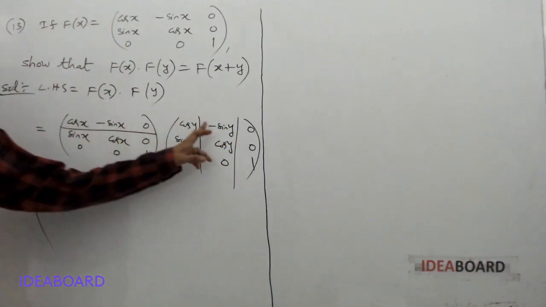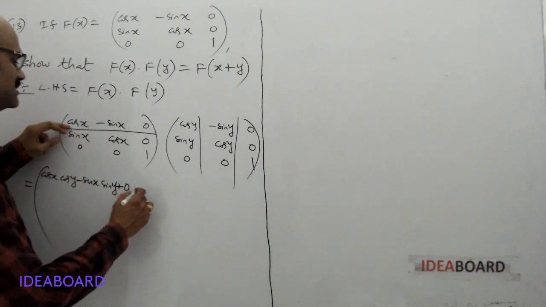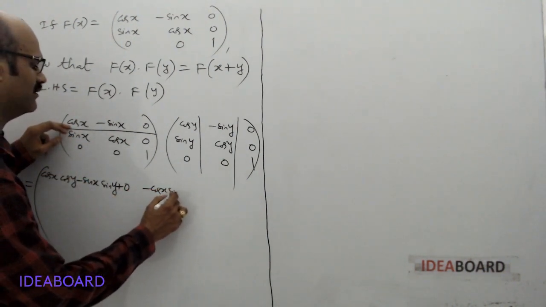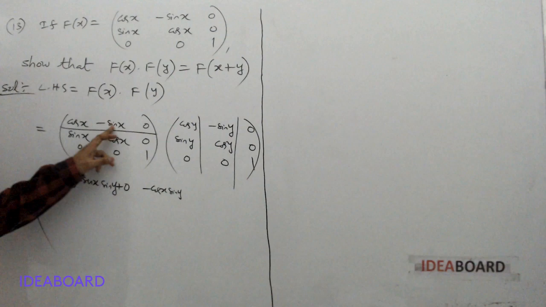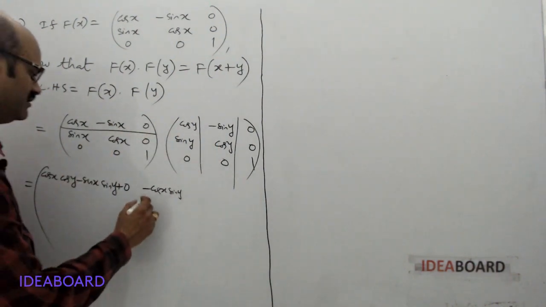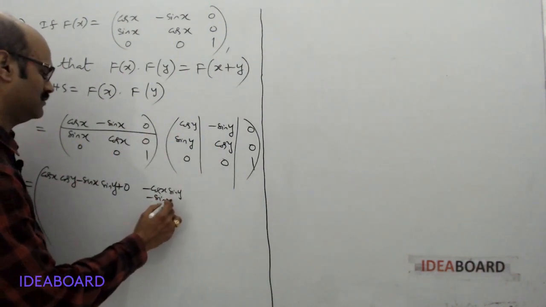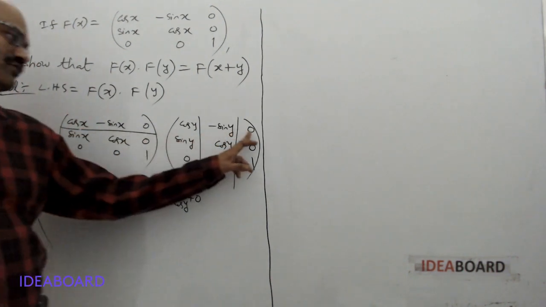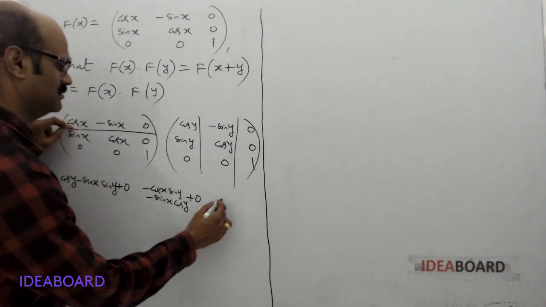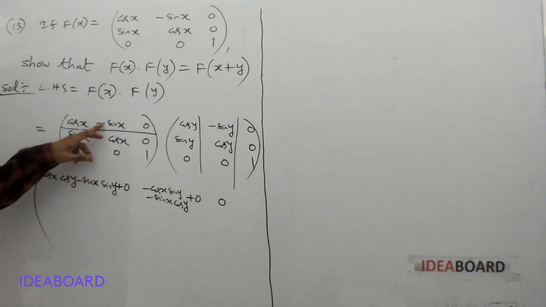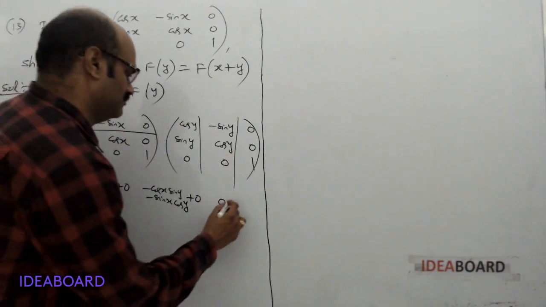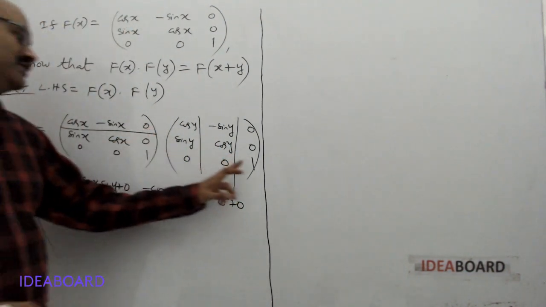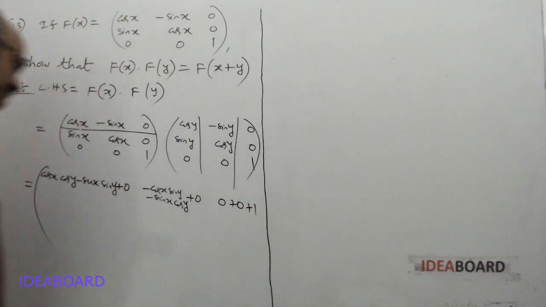Cos x into minus sin y, so minus cos x into sin y, minus sin x into cos y plus 0 into 0. Cos x into 0, 0, minus sin x into 0, 0, 0 into 1, 1.